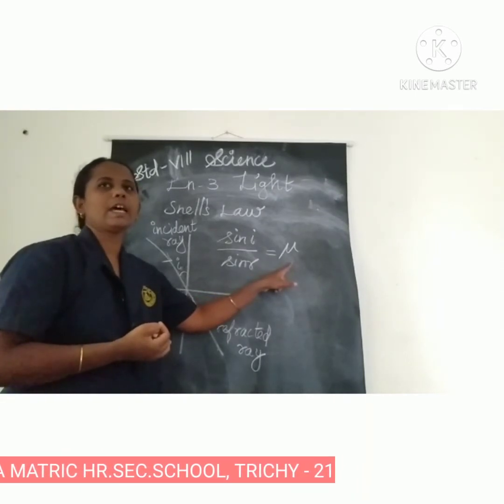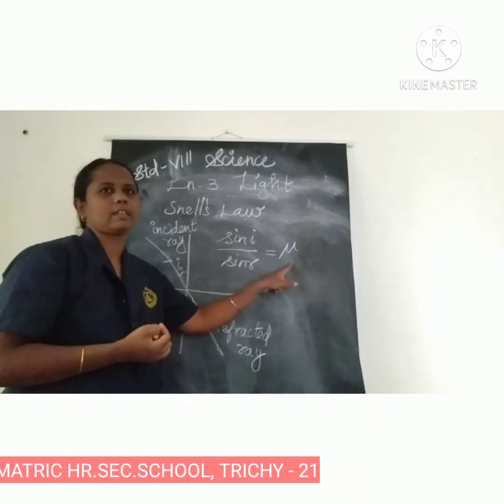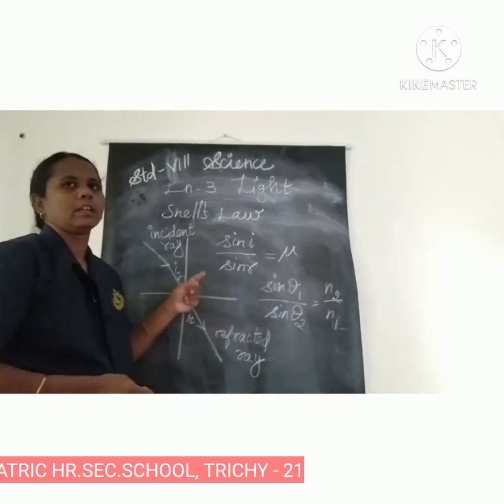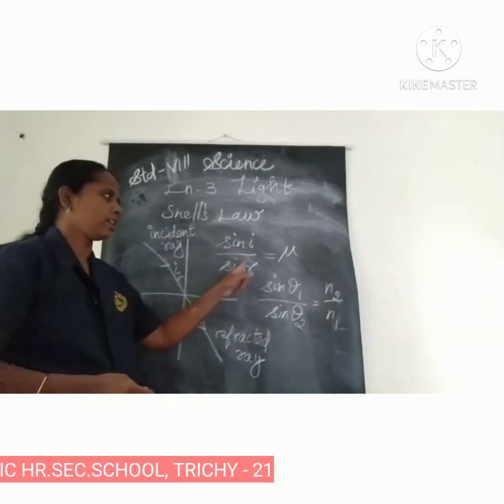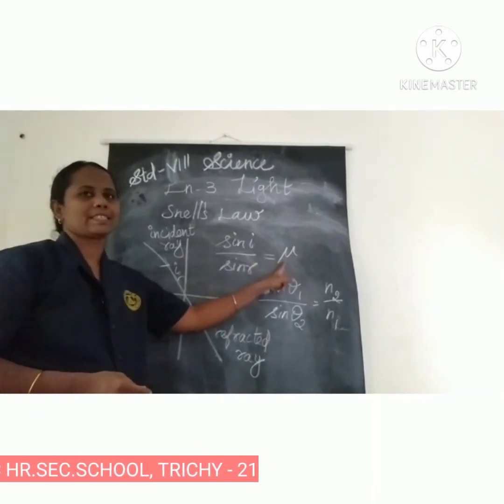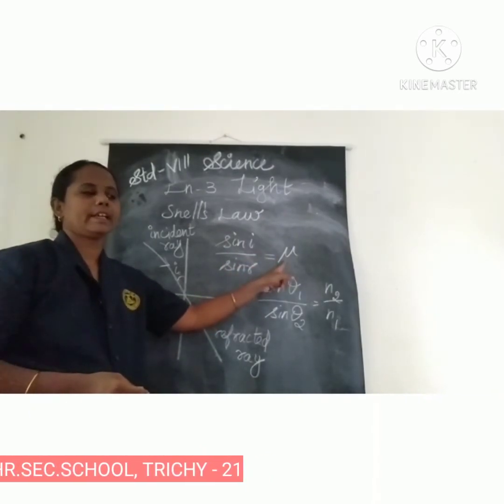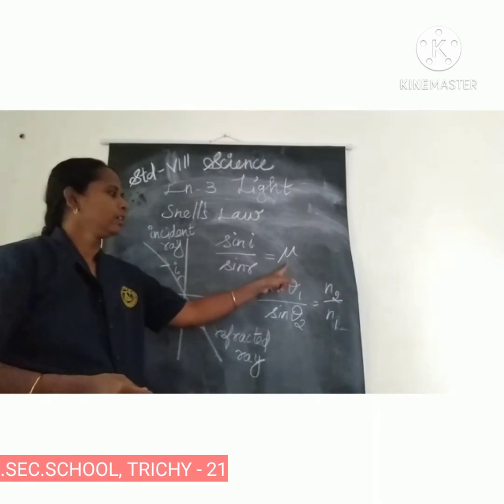Mu is the refractive index. In Snell's law, sin I by sin R is equal to mu, the refractive index, which is a constant value.